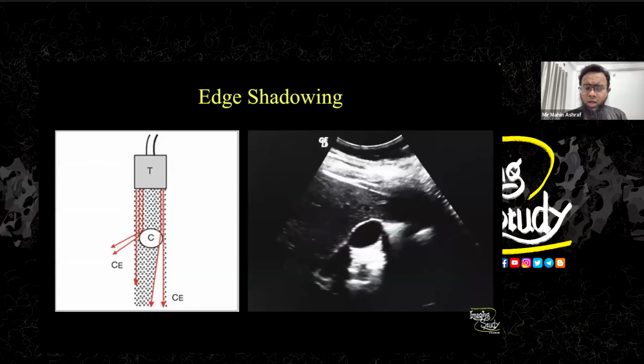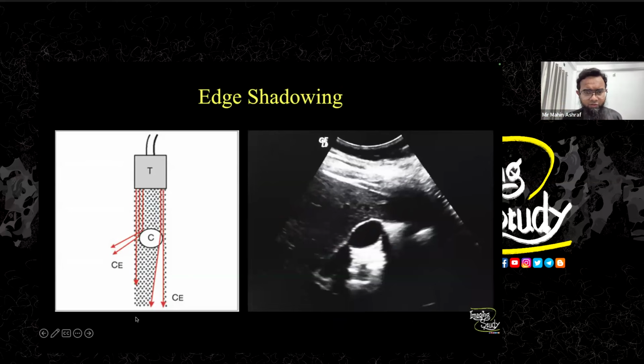We have another artifact named edge shadowing. It is happening due to the refraction of sound. So it happens when you see a cyst or you are looking at a gallbladder or a round surface. From the edge of the round surface, sounds get refracted. So there is a change of direction.